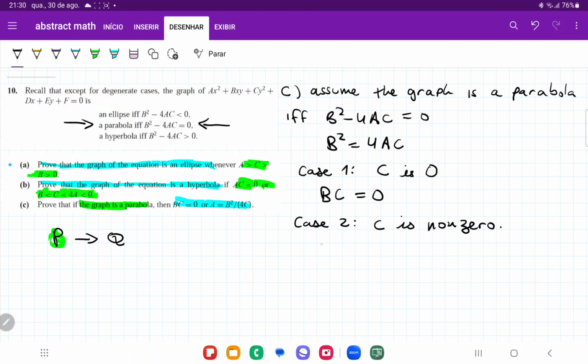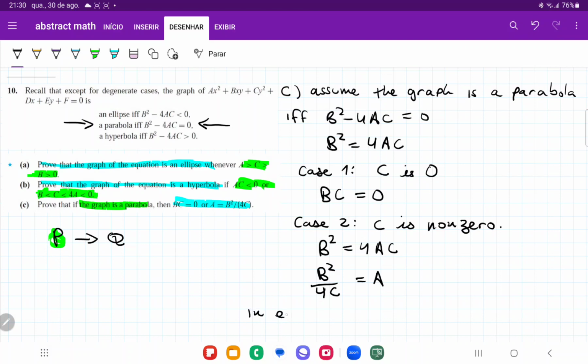Well, if c is non-zero, it means that we're allowed to take b squared is equal to 4ac, and we're allowed to divide everything by 4c, right? So b squared divided by 4c is going to be equal to a, which I wouldn't be able to do if c were 0, because then I would be dividing by 0. And so once more, I have shown what I needed.